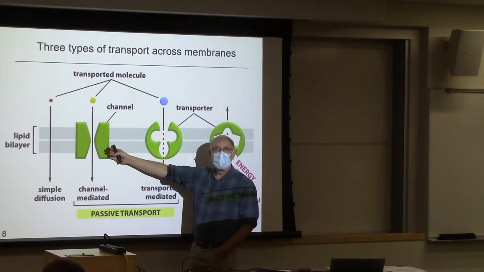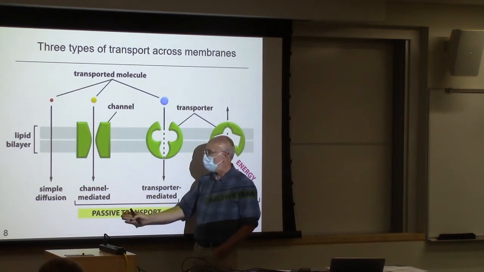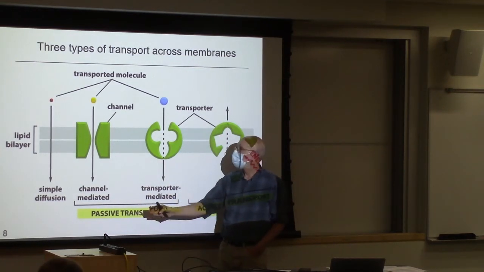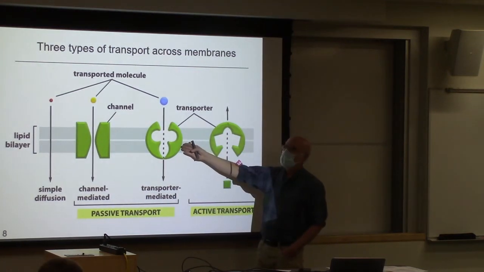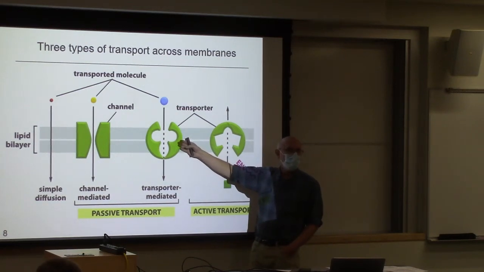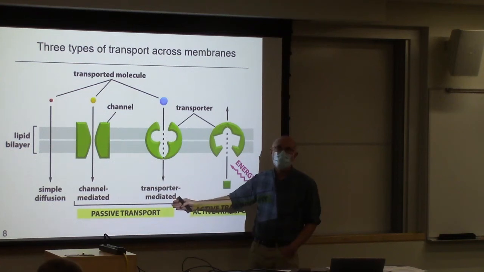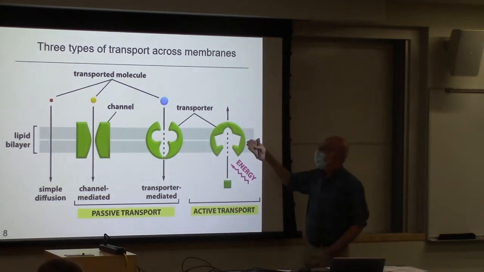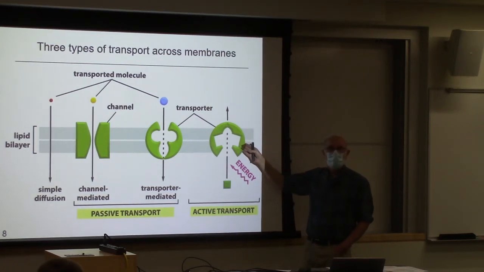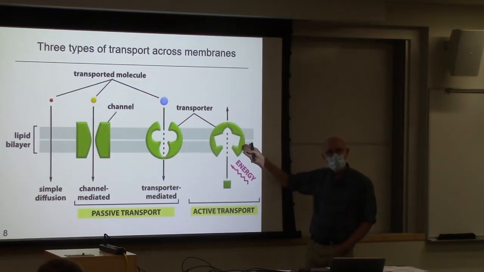Channels, which are a form of passive transport. Uniporters, which are another form of passive transport. And active transporters, and we're going to be talking about primary and secondary active transport.